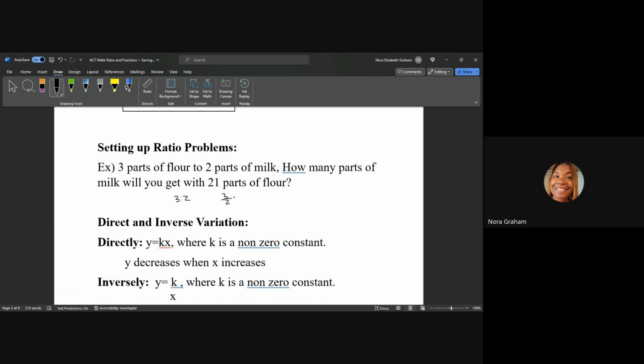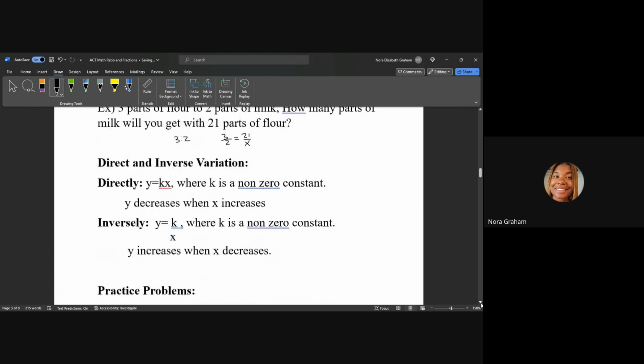I know my top half is going to be flour. So they give me my flour, but they don't give me my milk, and I would have to solve for that. And I could use cross multiplication from here. But again, I'm going to show you a problem in our problem set of how we would solve this. If you did want to go on and solve this, you would use cross multiplication, get 3x equals 21 times 2, and then solve for x.